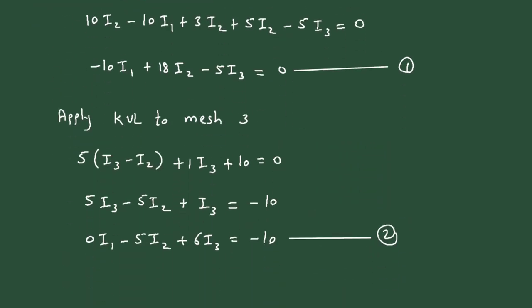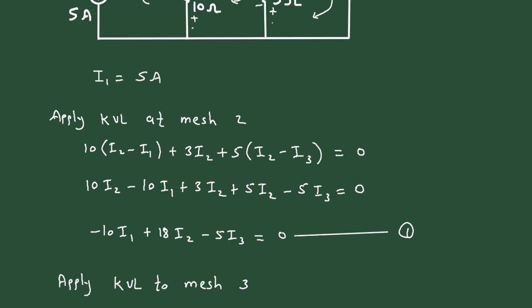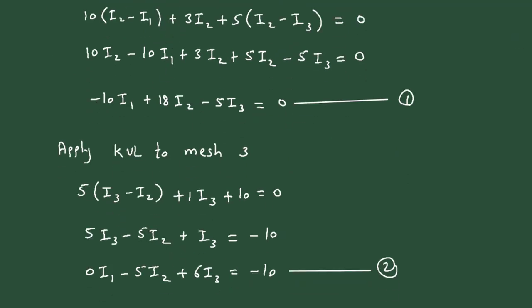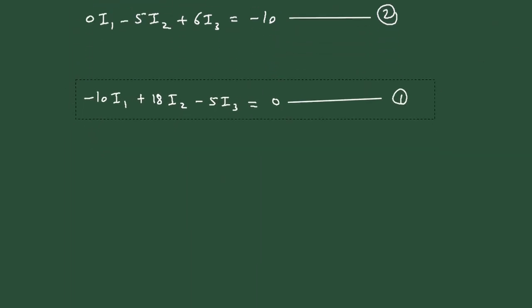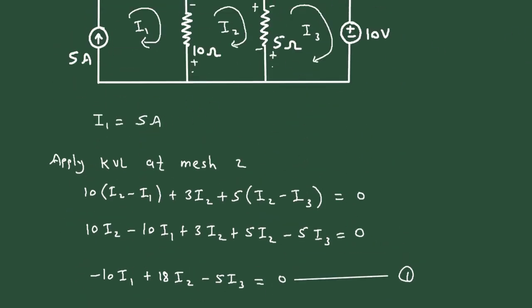So let's solve this. Here we can see the value of I1 is 5 ampere. So here we can substitute the value of I1. Let's copy equation 1 and substitute the value of I1 here. The value of I1 is 5 ampere.